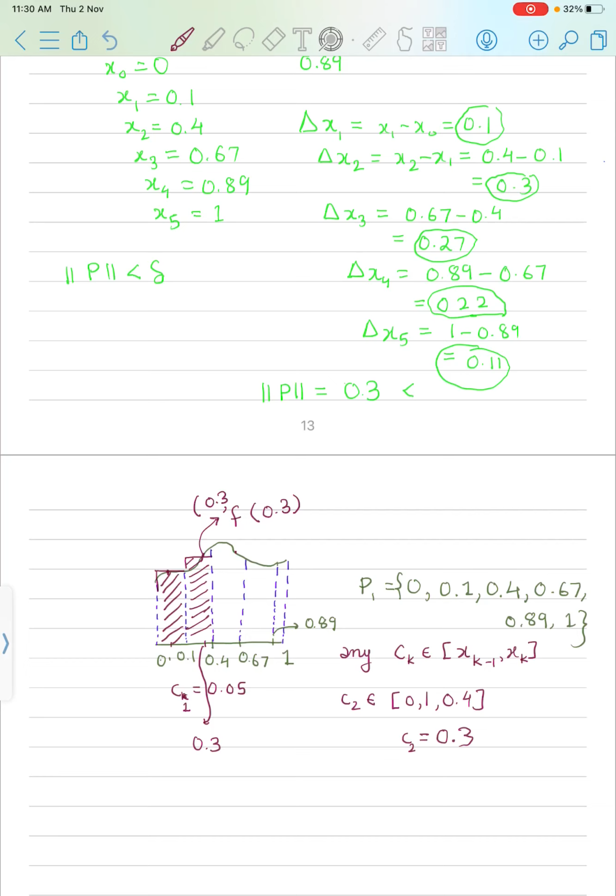Let's say I took this one, then this is the rectangle. If you choose this one, this is my area. If you choose this one here, this is the area. You can see that we are making some error.